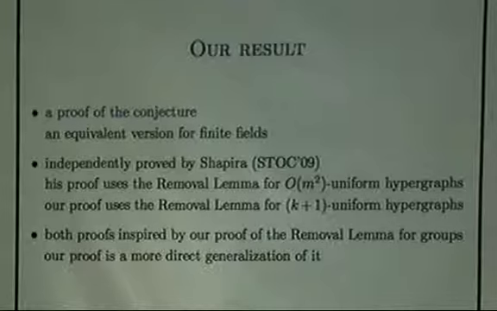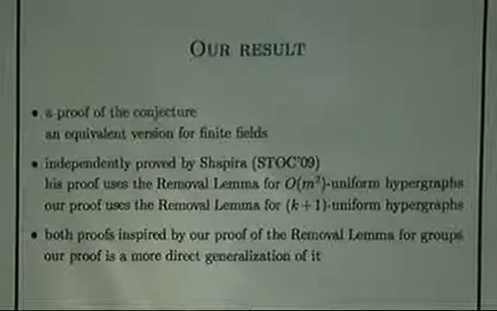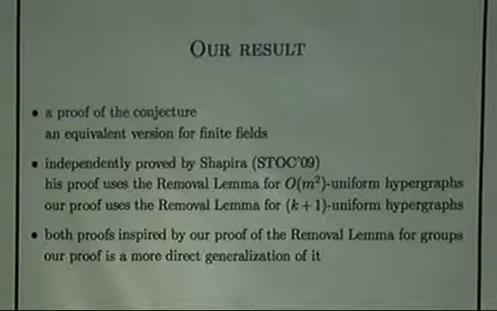And I have to say that Shapira wrote very nice words in his paper about our proof of the group removal lemma, and he said that he was inspired by it, but his proof is not as direct a generalization as our proof. So, as I said, both proofs were inspired by our removal lemma for group equations.